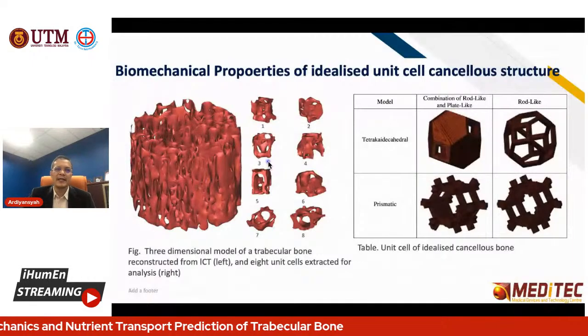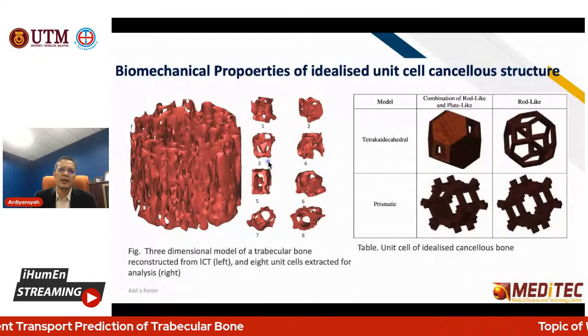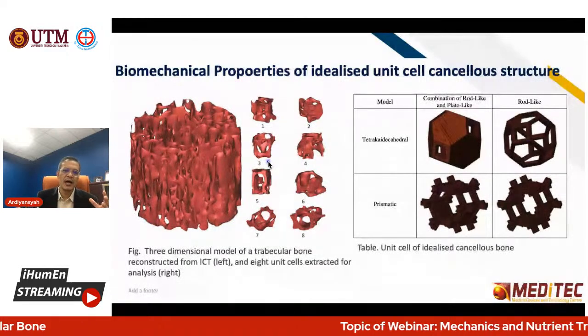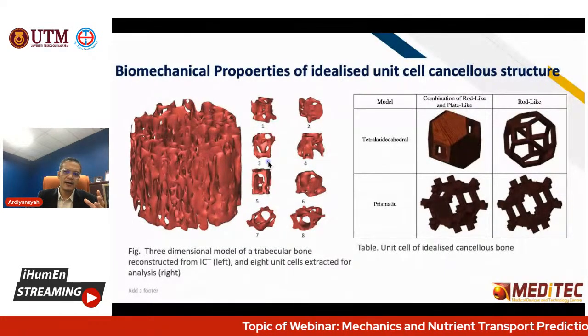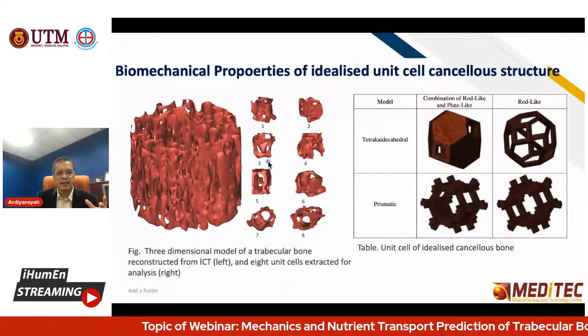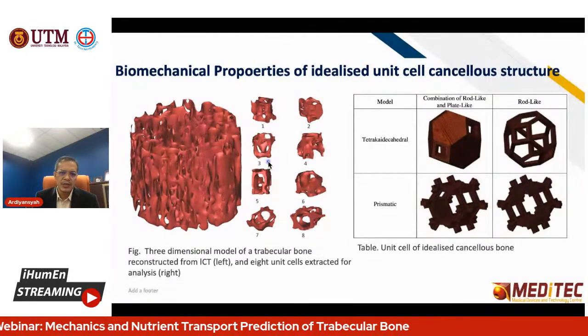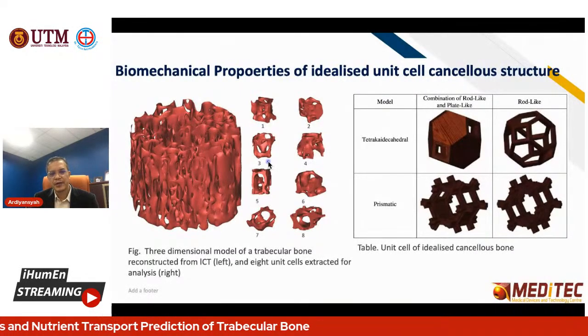That depends. If you have a good workstation, then you can have a large sample. But if your workstation is not too good, then you can analyze a unit cell to predict the mechanical properties of the trabecular bone.